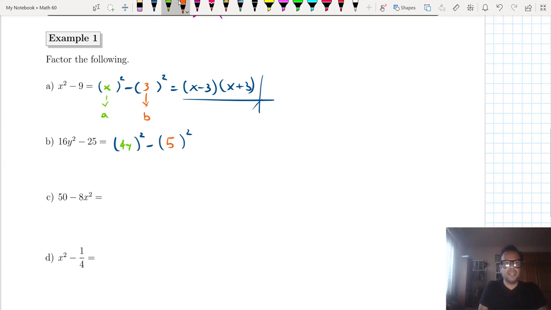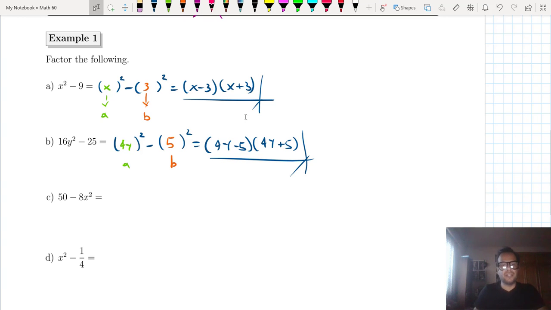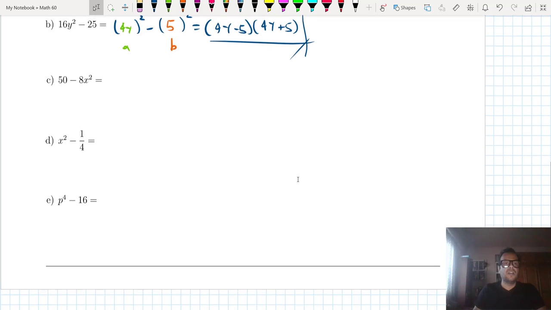This is our A, and this is our B. Let's factor this difference of squares as A minus B, A plus B: 4y minus 5 times 4y plus 5. And that's how we factor another difference of squares.